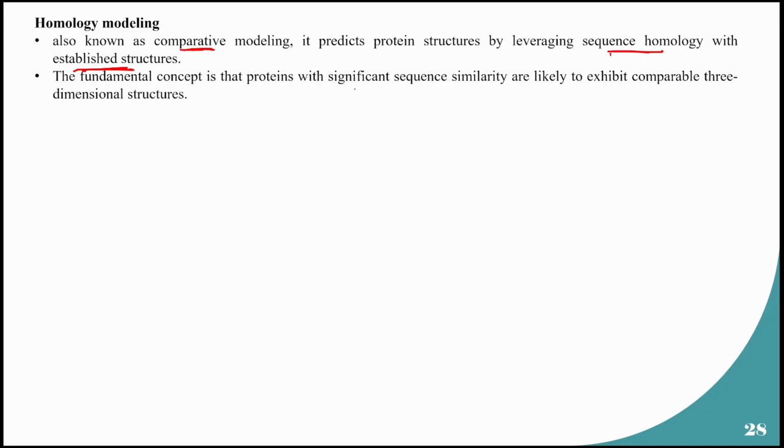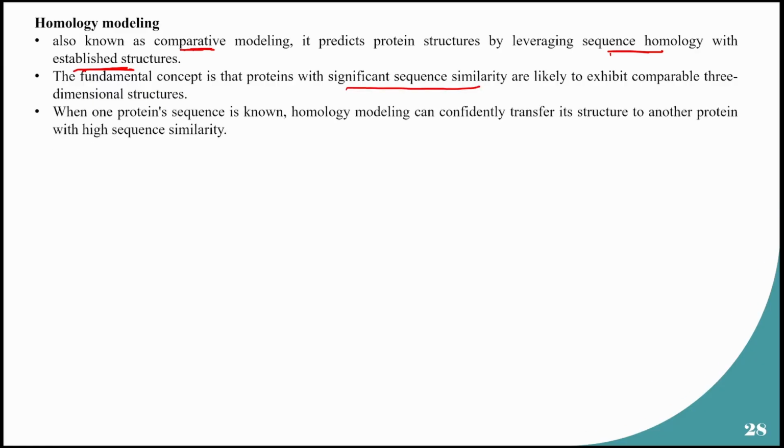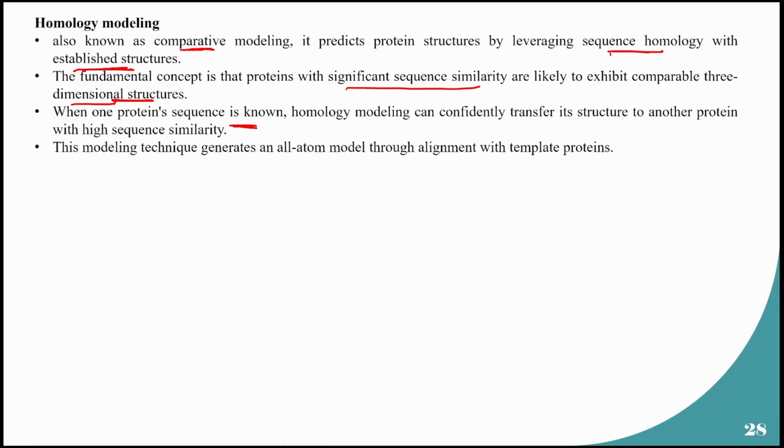And the basic concept is, as I told earlier, if there is significant sequence similarity, then they will likely have similar three-dimensional structures as well. Comparable 3D structures for the homologous proteins. Okay. So if one protein structure is known, you can confidently transfer the structure to another protein.